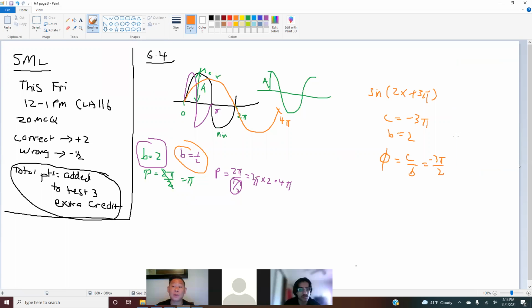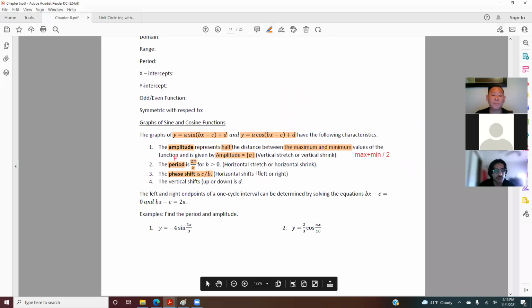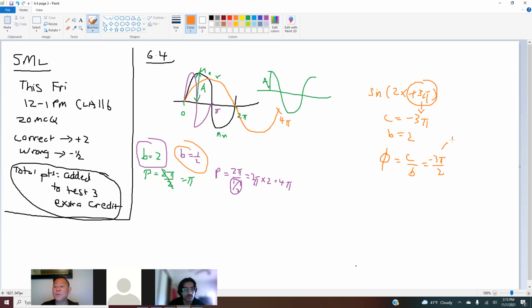I just want to point out that a lot of students make mistakes on my test because your c in this case has to be negative inside here. So if you see a positive, then the c is negative, and if it's negative, then it's positive. What does this phase shift mean? Phase shift means a horizontal shift, that means you move it left or right. So when you see this negative 3 pi over 2, it means it moved to the left by 3 pi over 2.